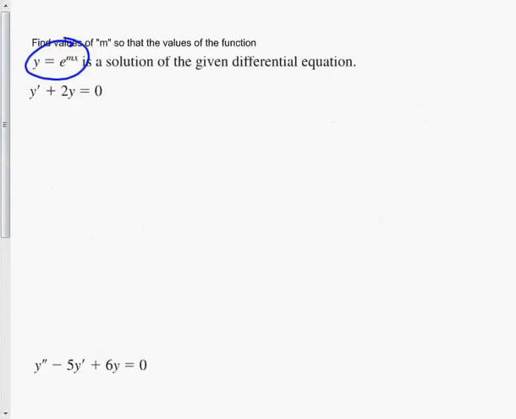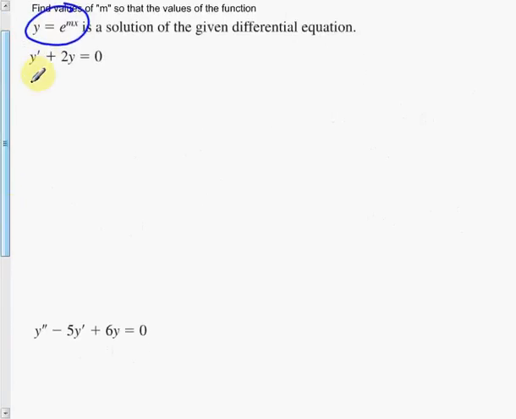Okay, let's go back and look at the problem. So here, let y equal to e to the mx be the solution type.